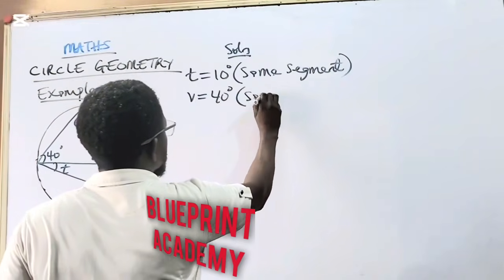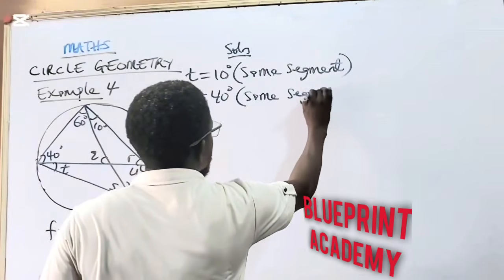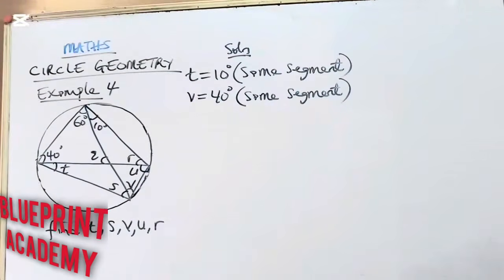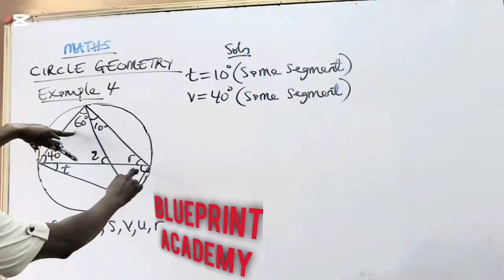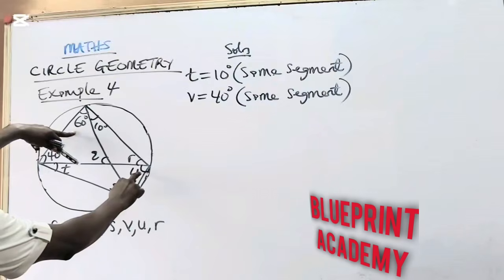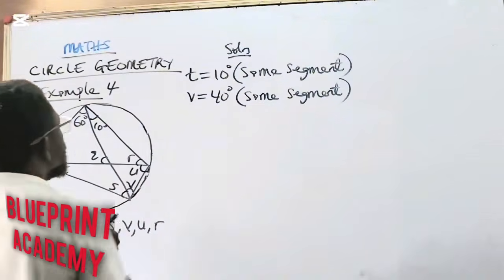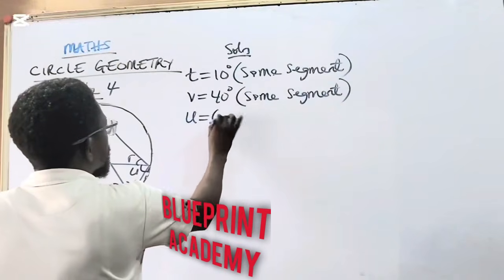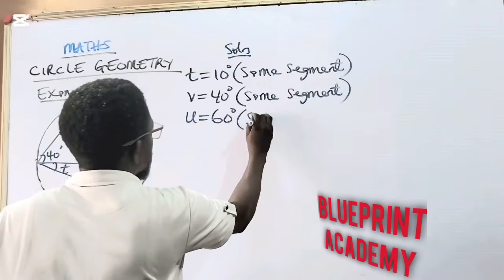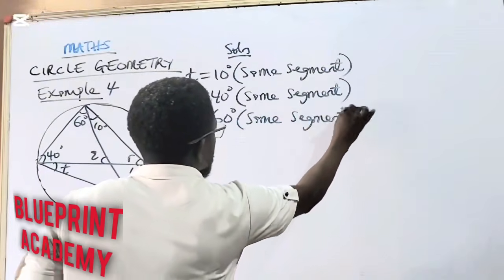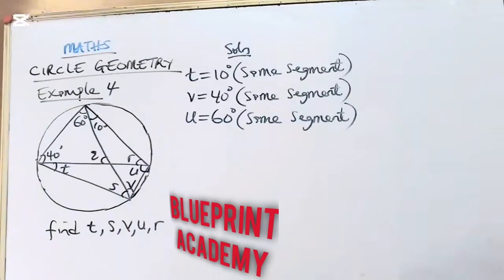Same segment. 60 and U, they are in the same segment. U equals 60 degrees. Same segments.